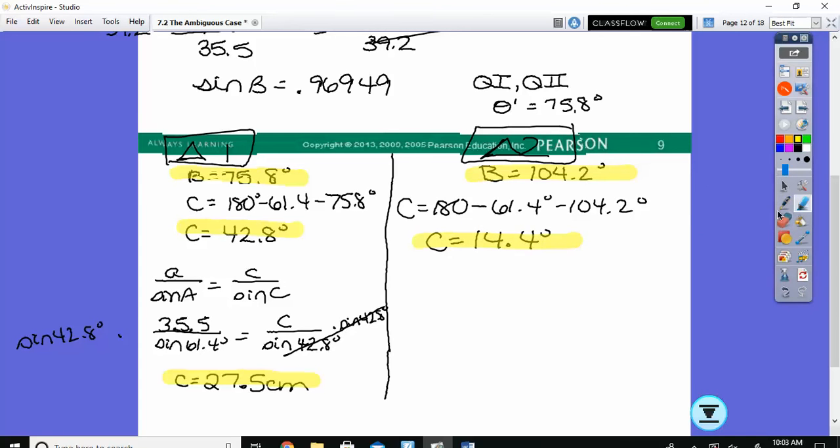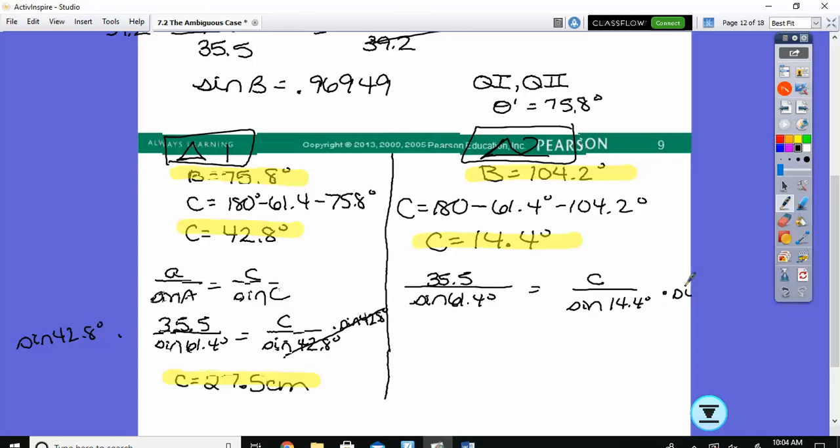Got B and C. Now we need to find side C, so we're going to do the exact same thing we did over here. So side A was 35.5 over the sine of A, 61.4 degrees, equals side C, we don't know, divided by the sine of C, so sine of 14.4 degrees.